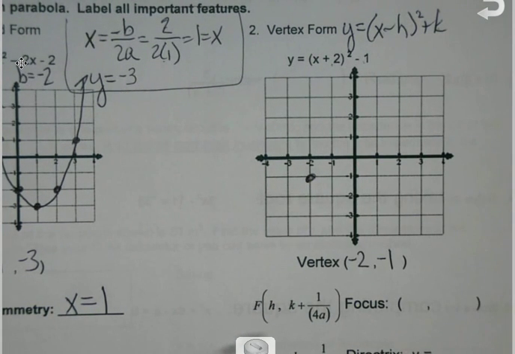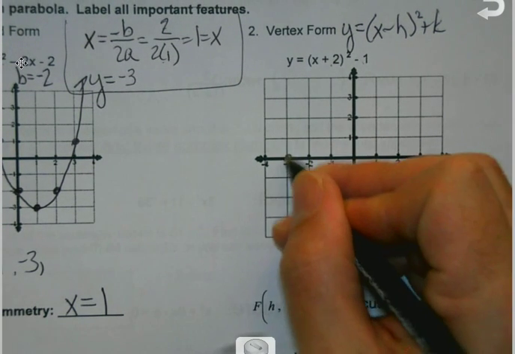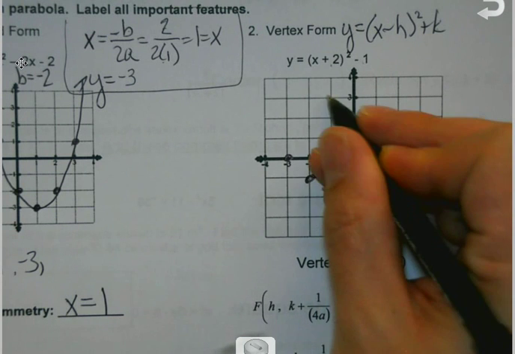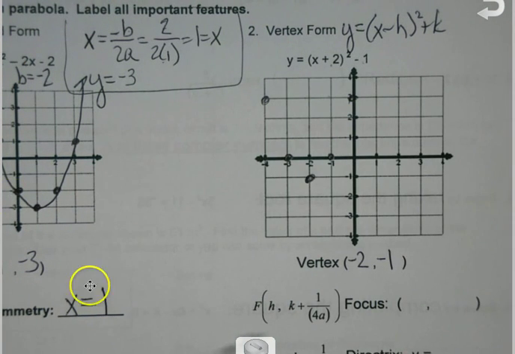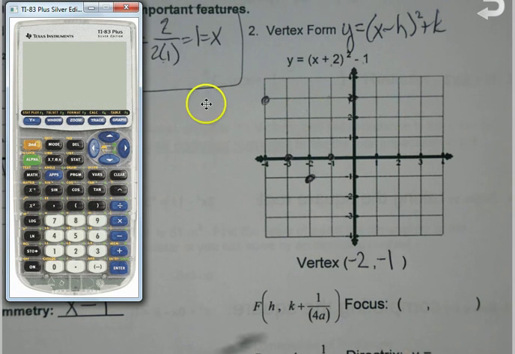And again, at this point, you have choices. You can do the pattern. We've talked about that before. I can go up 1 and over 1. Up 3 and over 1 each way to make my points. Or if you happen to not remember that, sometimes quizzes and tests can do that for us. Our brains kind of panic, so we like to have a backup plan.